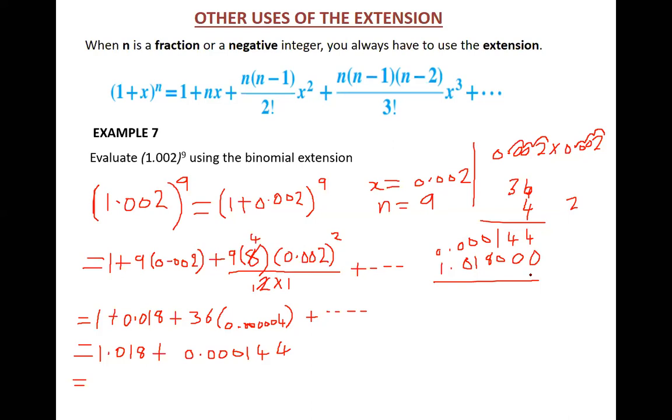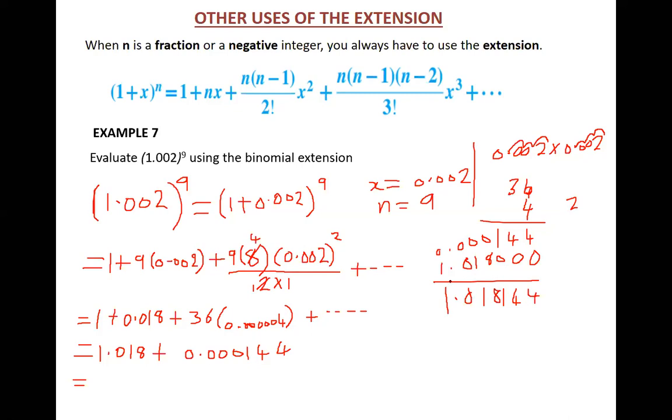So 0 plus 4, you get your 4. 4 plus 0 there, you get your other 4. 1 plus 0, you get your 1. 0 plus 1, you get your 1. 0 plus 0, you get your 0. Then this point, you put it there, and then 1, you put it there. Sorry, forgotten something here. 1 is there, 0 plus 8, there's supposed to be 8 here.